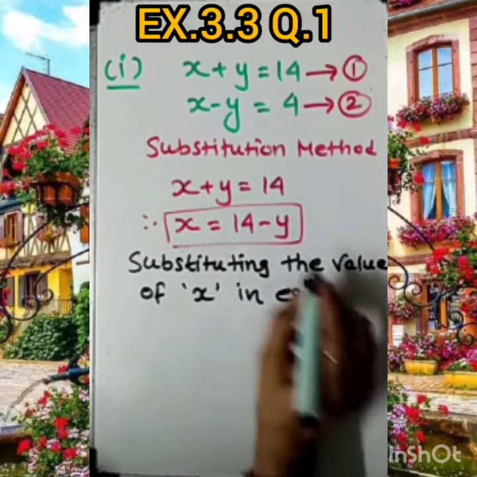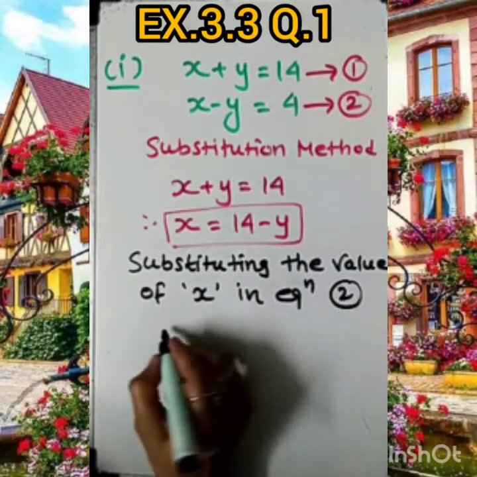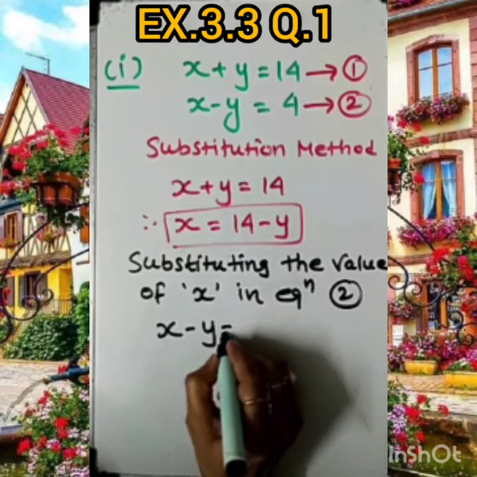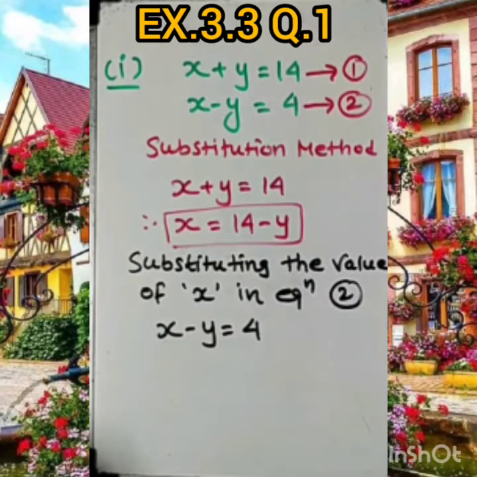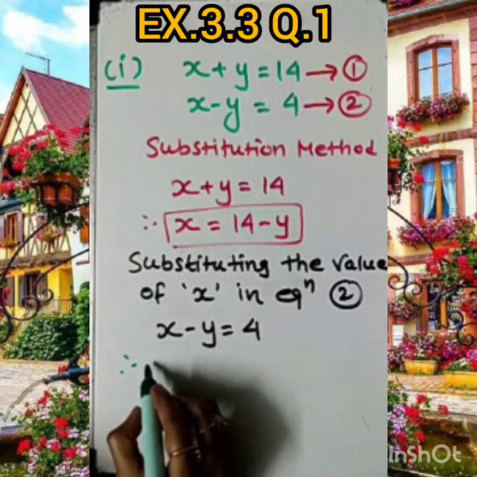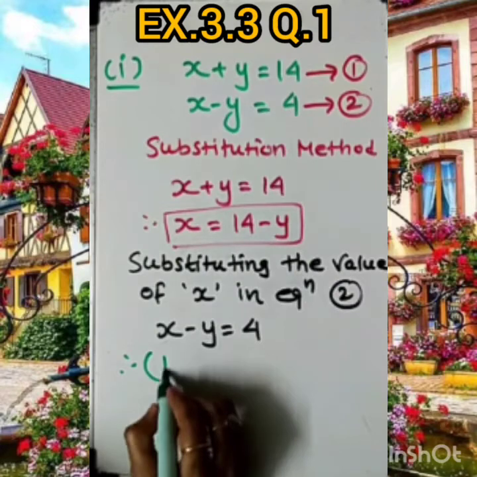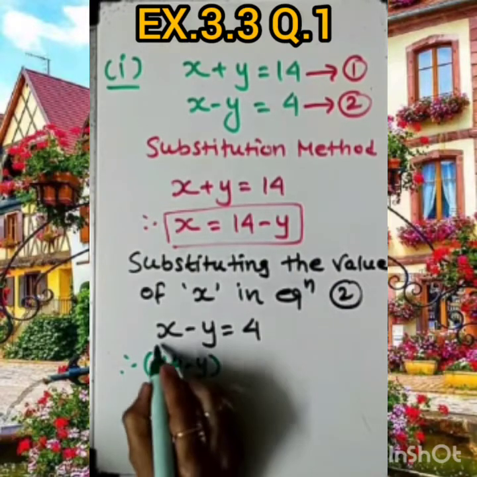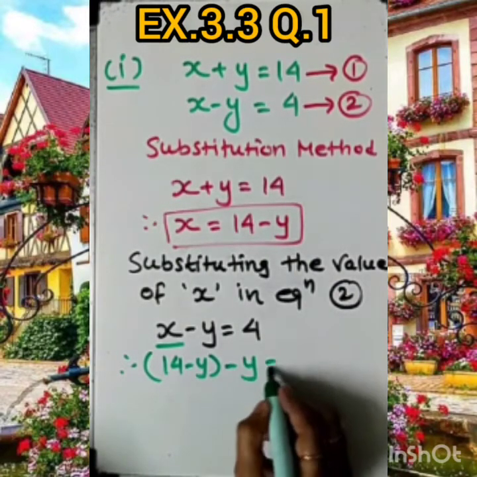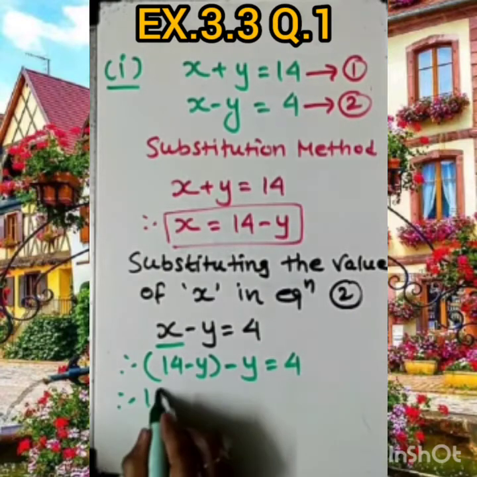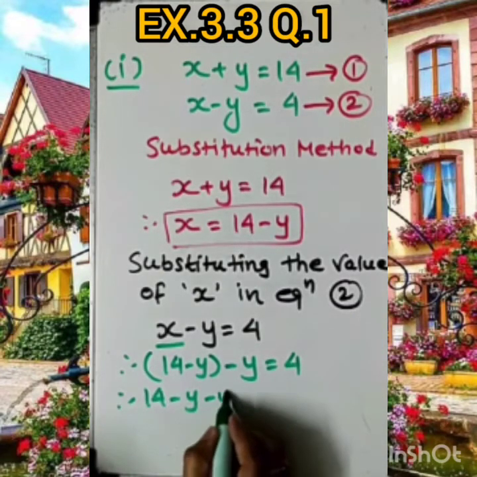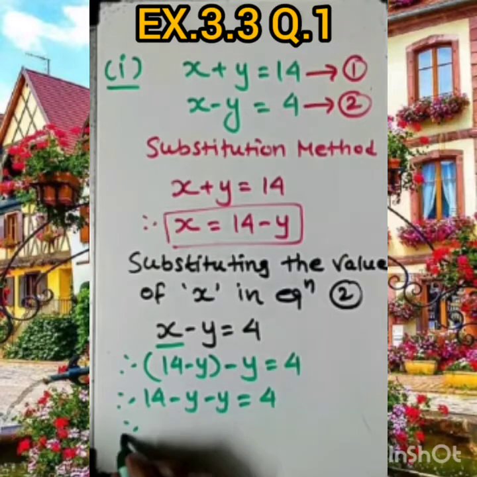This is our second equation. The equation is x minus y equal to 4. Therefore, I write 14 minus y in place of x, and this is y. So 14 minus y minus y equal to 4.